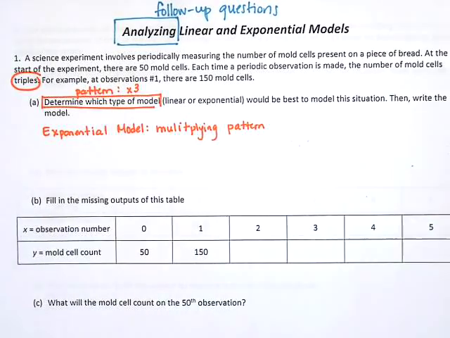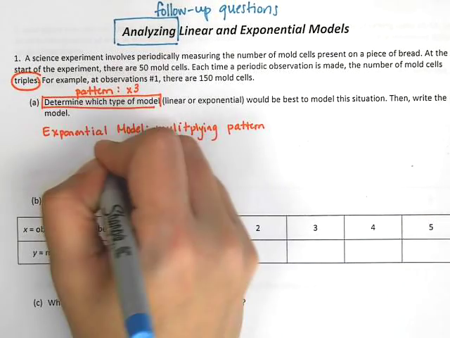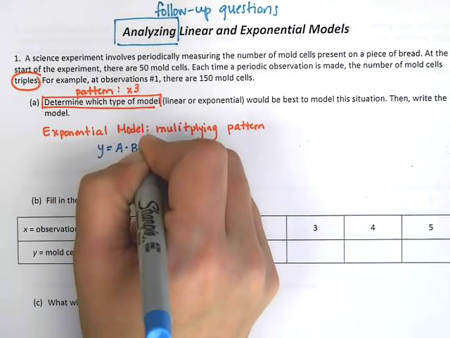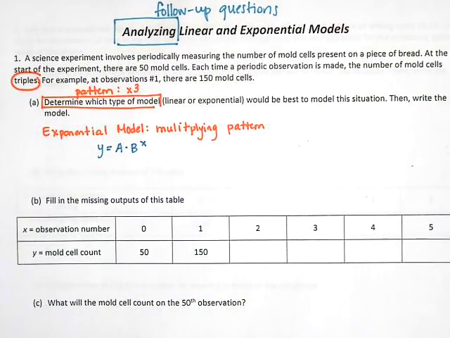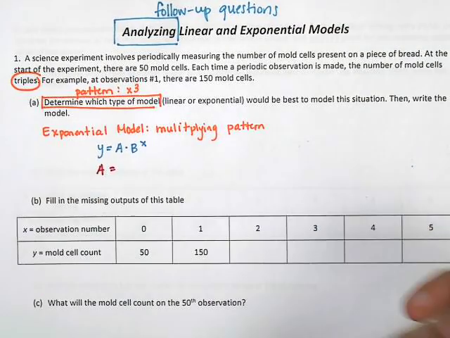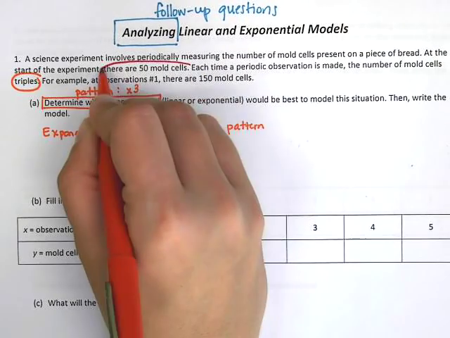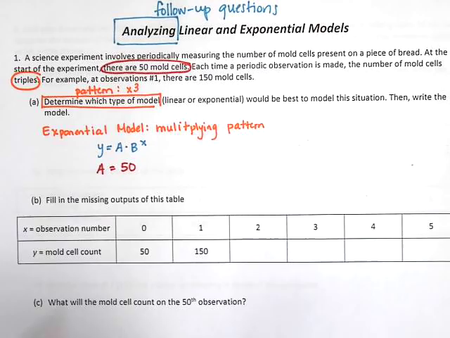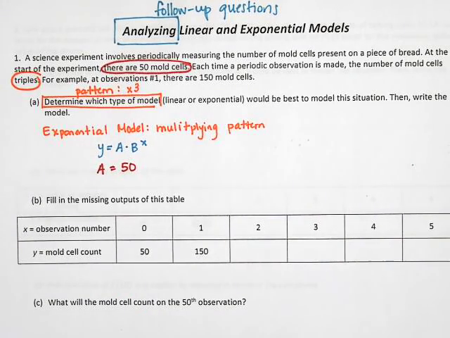Now, if we wanted to write the model, the general form for an exponential model is y equals a times b to the x power. A is always the initial value. Now, the initial value here tells me that when we start, there are 50 mold cells. So I need to go back and reread the question to figure that out. The b is the pattern.